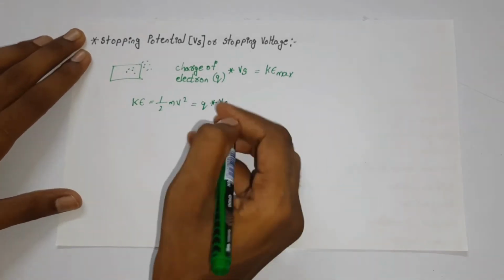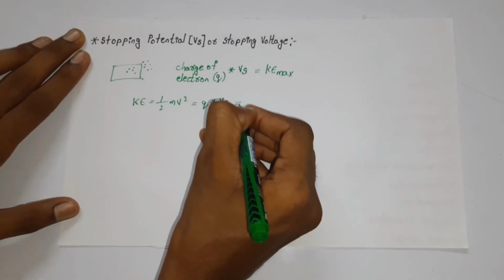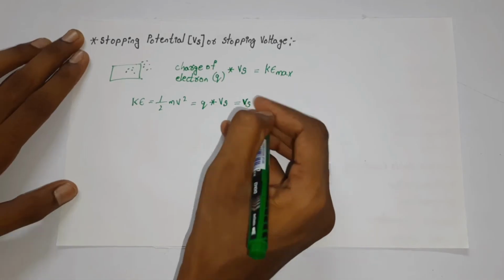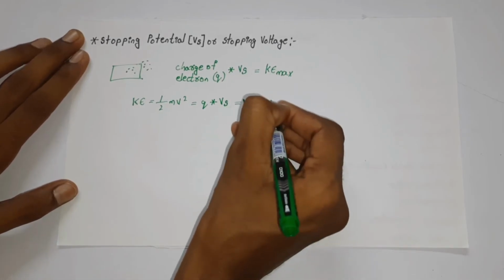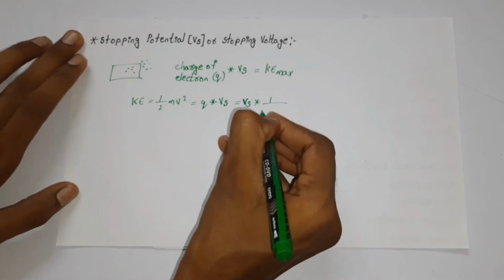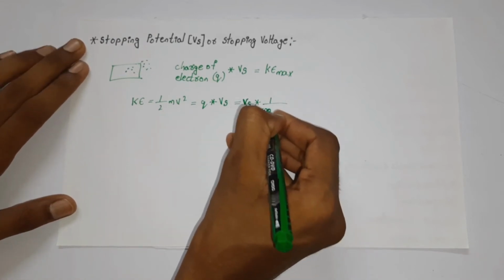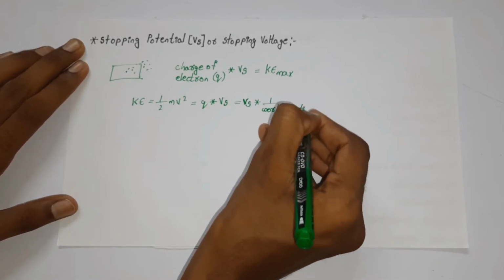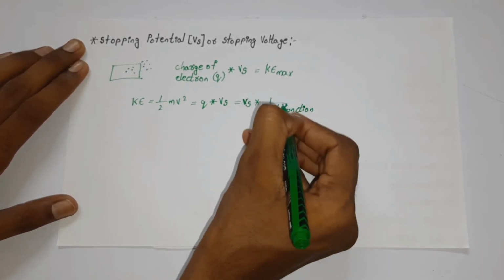So what will take place? The maximum kinetic energy will be equal to the stopping potential into the reciprocal of the work function. So the charge in Coulomb will be written as 1 by work function. This is how the equation is attained.